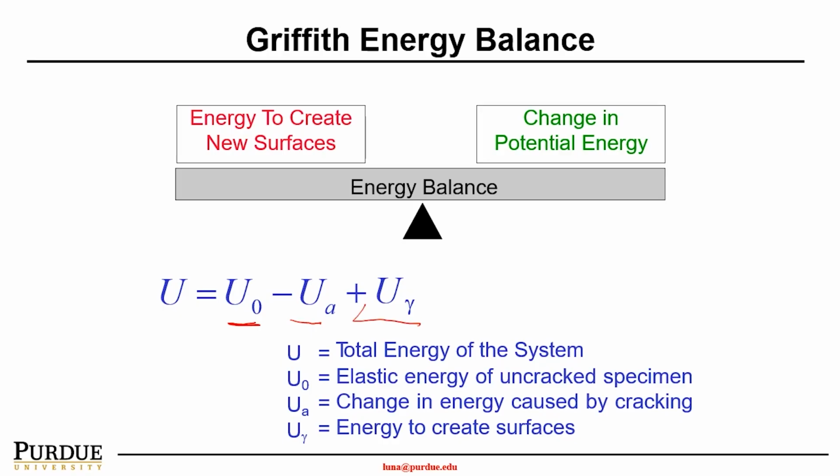In other words, Griffith's theory says a crack will propagate when the reduction in the potential energy that occurs due to the crack growth is greater than or equal to the increase of the surface energy. So if the reduction of the energy caused by the crack is bigger than the energy to create the surface, then you will have the potential energy for the crack to grow.